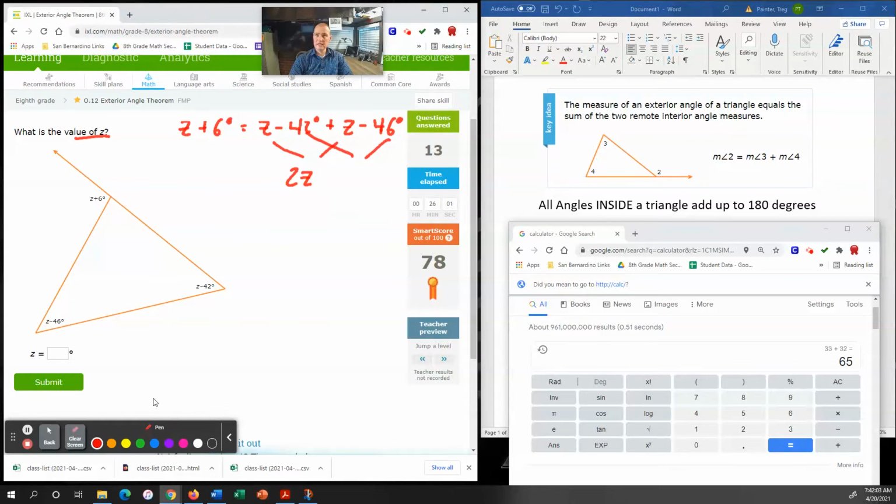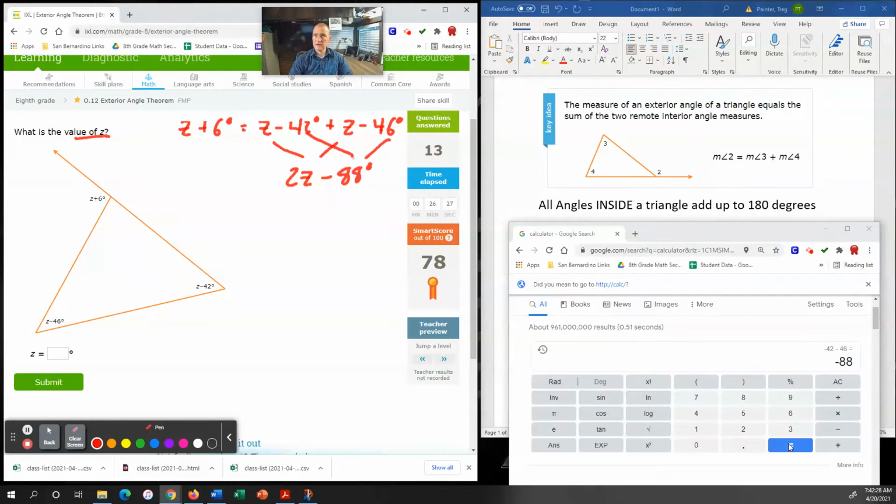Well, what is negative 42 plus negative 46? Let's do that. Negative 42 plus negative 46. So negative 46, and that runs us to negative 88. So we got 2Z minus 88 degrees.